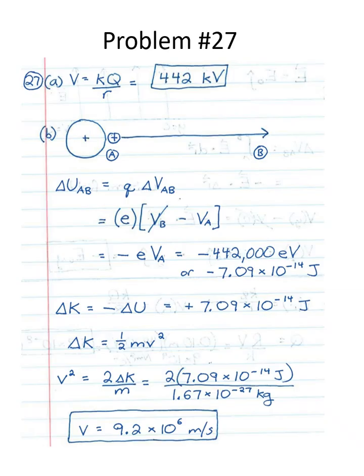All right, so we're going to do part A just like the previous problem, number 25, where the potential at the surface, it's as if that 0.86 microcoulombs were a point charge that distance away. So we do K times the charge over the distance, which is the radius of the sphere, and we get 442,000 volts, or 442 kilovolts.